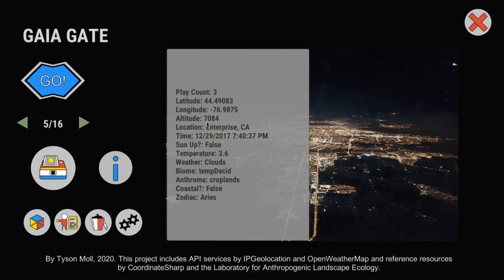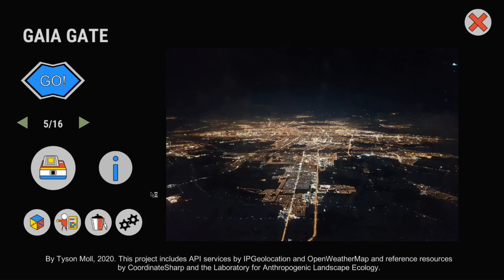This is one situation where such photographs are particularly useful because you're looking out from your airplane window, wondering what this place is like. It's dark, it's hard to tell what's going on. So apparently this is a temperate deciduous forest with croplands in Enterprise, Canada. Let's go on and check out the level.